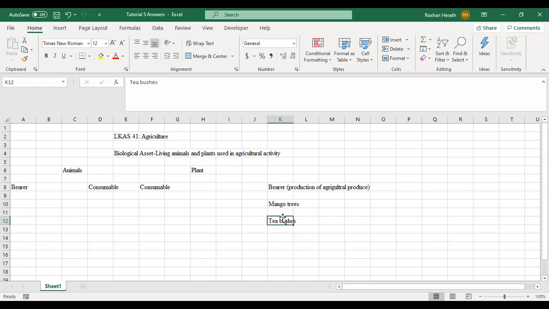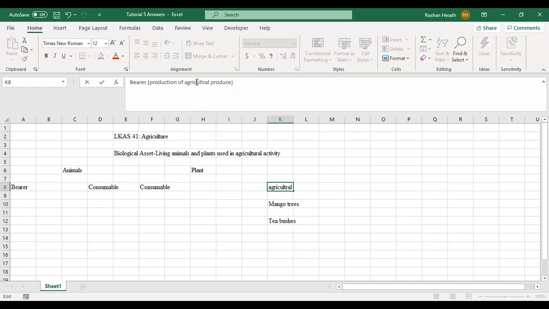It's a very important biological asset. Again, it provides you with agricultural produce, the tea leaves. You're not going to consume the entire tea bush. Instead, you simply pick the tea leaves.